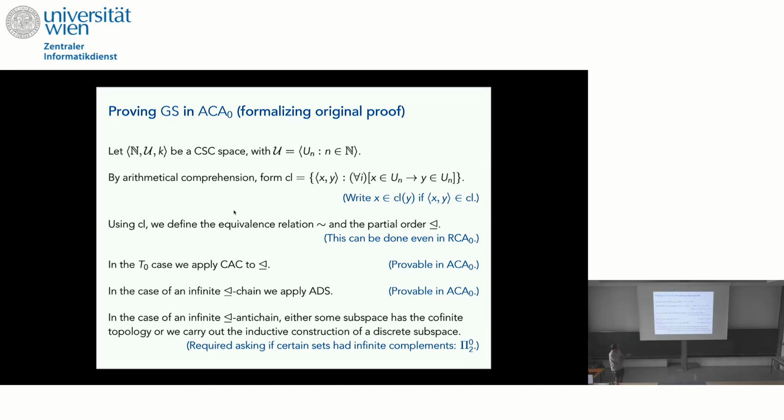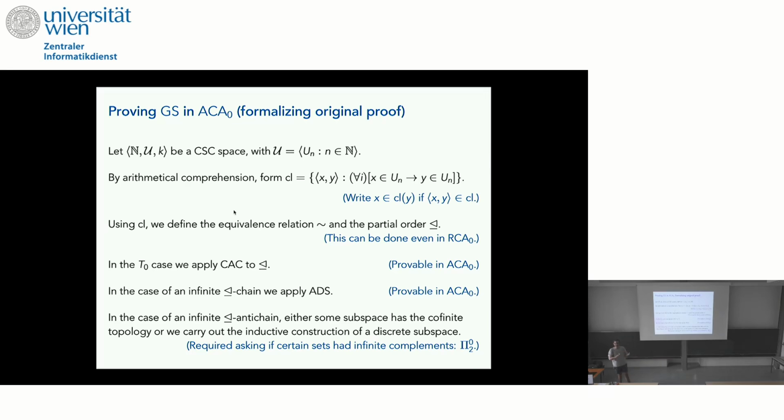And if we have the infinite anti-chain, then we're in the T_1 case. That's where we have the argument from the end of the talk last time, where we're doing this inductive construction of a discrete subspace. So we say, if there's an infinite subspace with the cofinite topology, we're done. If not, then we do the inductive construction from last time.